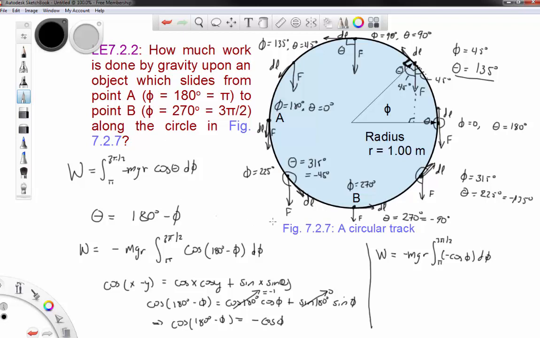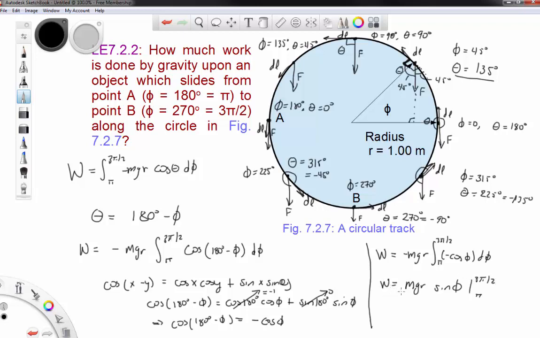So basically that means that the work is going to be, if you integrate cosine of something, you get the sine of that thing. So we basically have mgr sine phi, limits of integration from pi to 3 pi over 2.